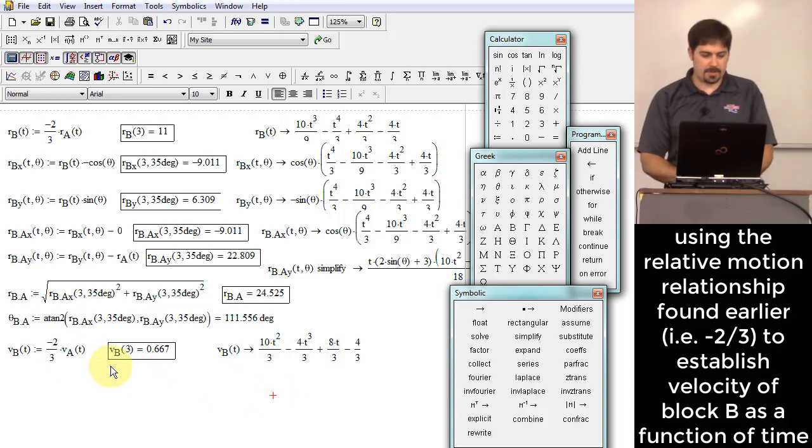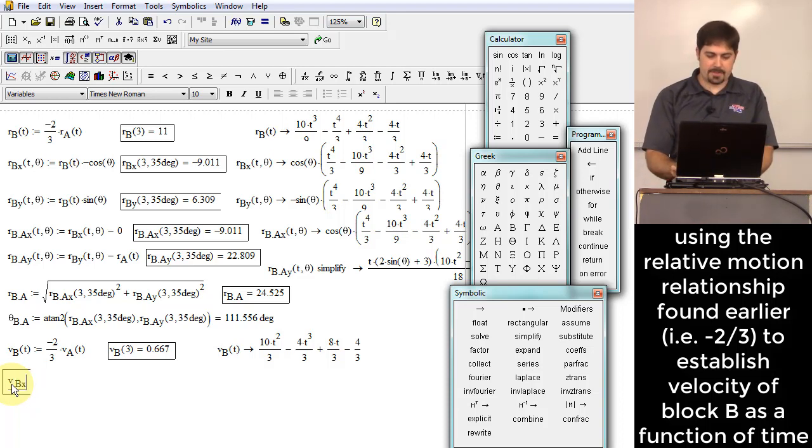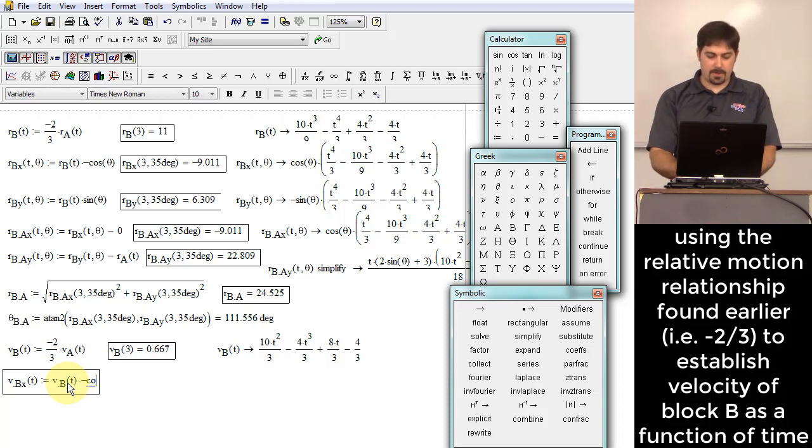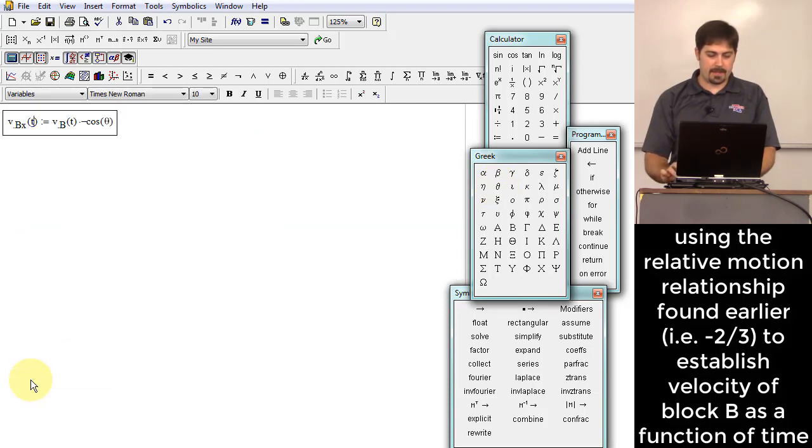All right, so if I want to come up with the velocity of B only in the x direction, I use the same technique that I did for position, and I just multiply what I had for my total velocity of B by negative cosine of theta, which means if I want to leave that in terms of theta, I have to add another argument here of theta.